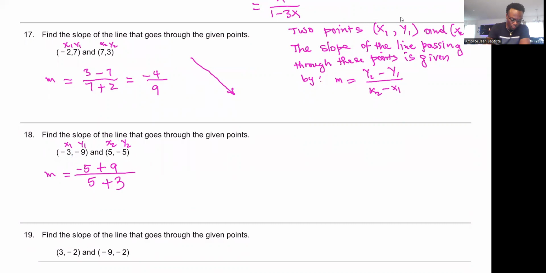So we would perform these operations. Negative 5 plus 9, that is positive 4 over 5 plus 3, 8. We simplify this, and that is 1 over 2. It's a slope that is positive. The line goes up like this on the coordinate system.